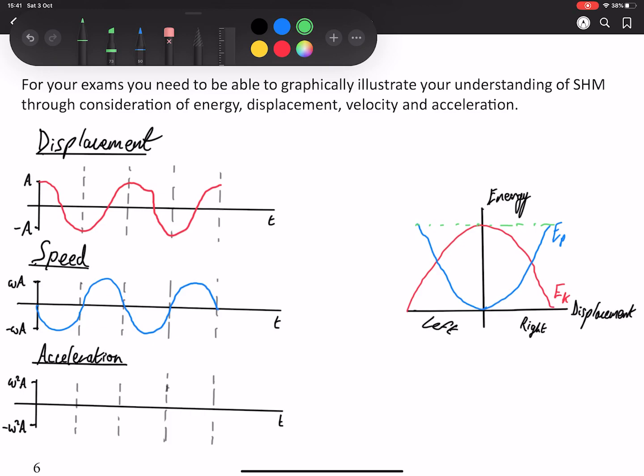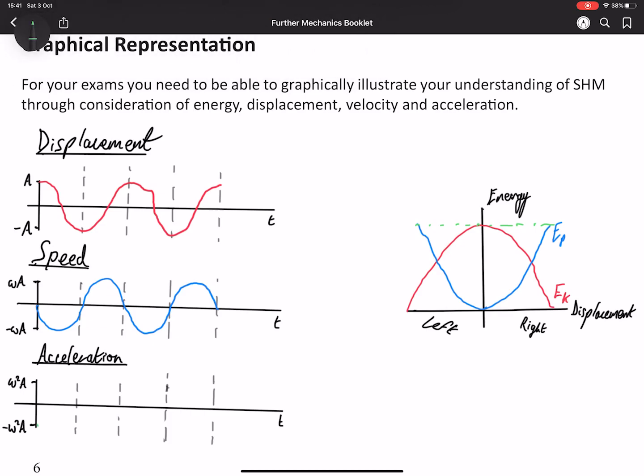However, the speed is going to be at its maximum when the displacement is 0 at the central midpoint. Similarly, we can determine what the acceleration should look like. As we know, the acceleration will be at a maximum when the speed is 0, because that will be the point at which direction is changing, so the maximum change in speed.